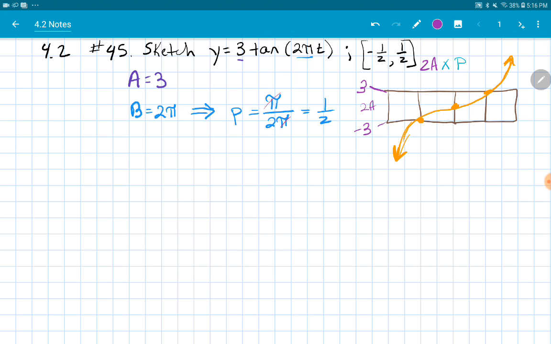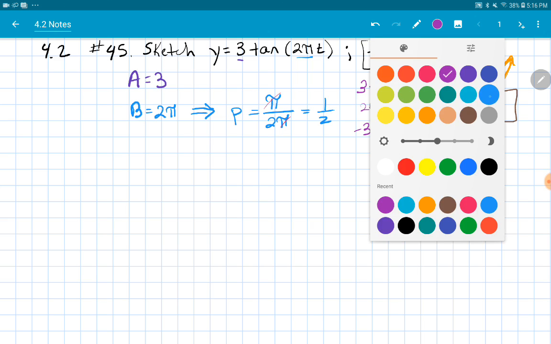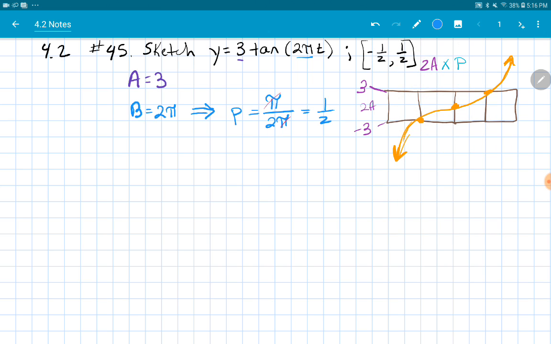So that's 2a, so that's 6 units high. And then the period is 1/2. So half of that is going to go to the right. So that's actually 1/4 to the right, centered at 0, and 1/4 to the left. So the whole period is a total of 1/2 unit, 1/2 radians.